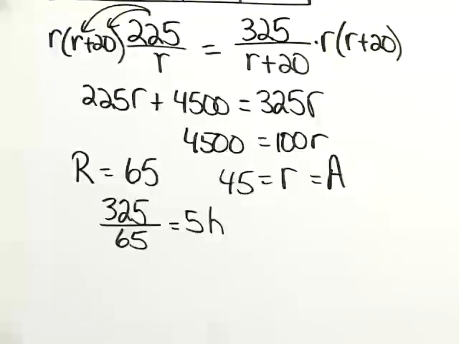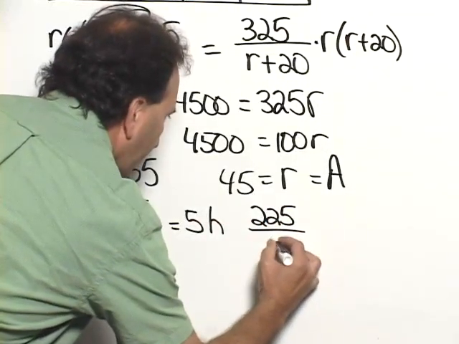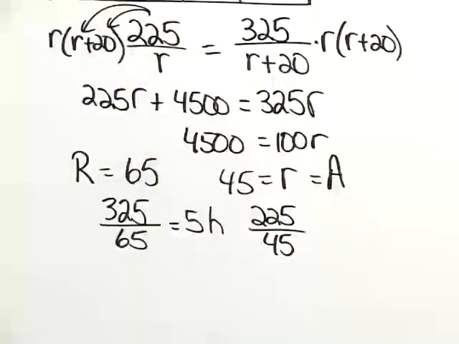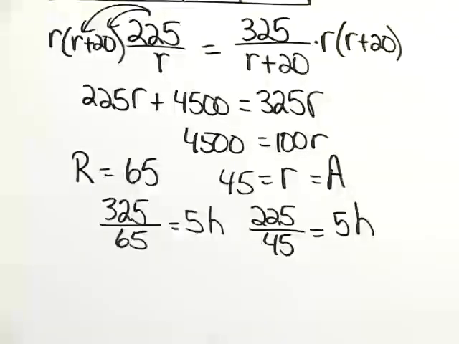Let's do the same for Alicia. 225 divided by 45, and that would be equal to 5 hours. So the times are the same, which is what we were told in the problem, and so we know that this checks.